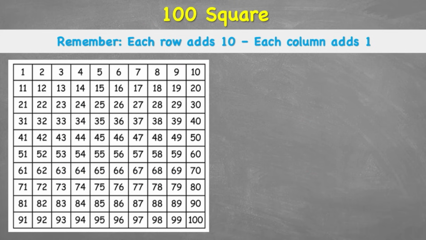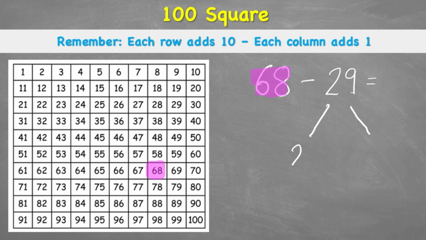Let's have a look at another really hard one. Let's say we have 68 minus 29. So again, first thing we need to do is find our starting position, 68. Where is it? There it is. And now when I think about my 29, I'm going to understand that 29 is a 20 and a 9.